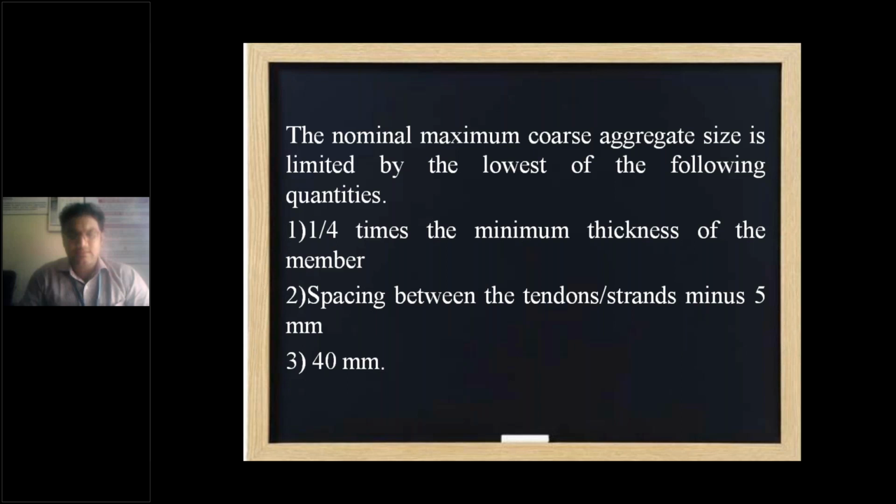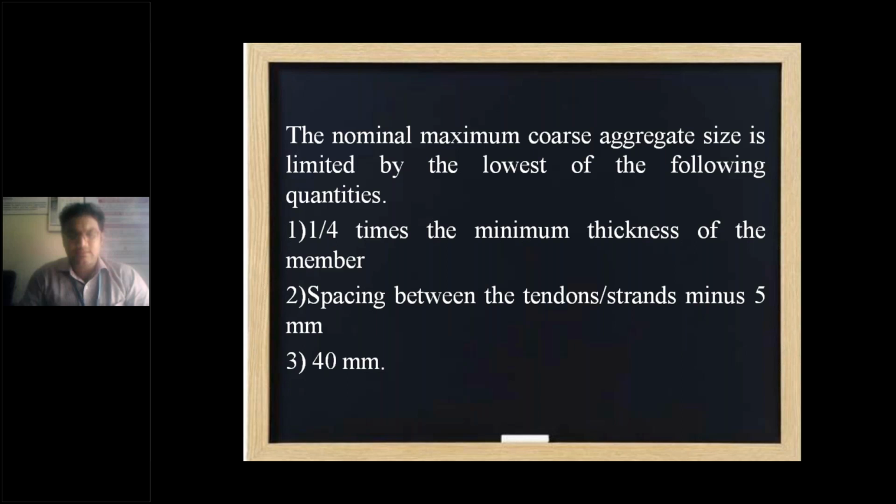The spacing between one strand and the other, for example, will be 30 or 40 mm. Your coarse aggregate should be smaller than that space. Let us take the space between two strands as around 30 mm. What should be the aggregate size you are going to use in that concrete? 30 minus 5, it should be 25 mm.